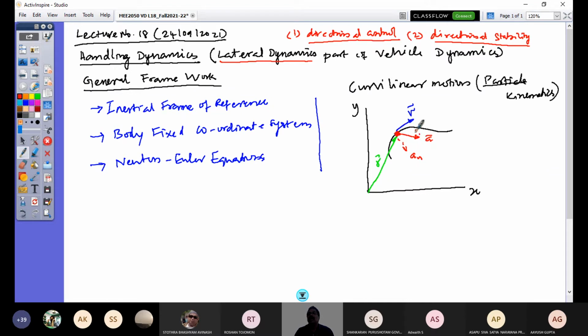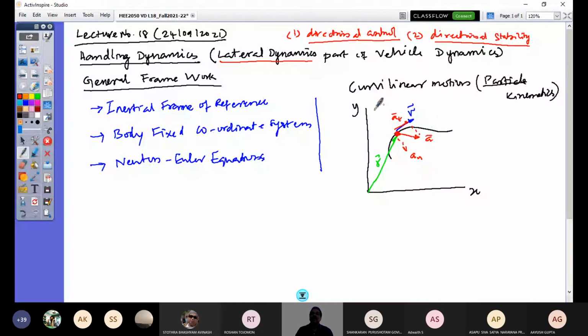And the component you get when you project is a_t, the tangential component along the direction of velocity. If this is positive, the velocity would increase. If it's negative, it would decrease. So this is something that we have learned, and this is not sufficient now, right? With that, I cannot say anything about stability analysis or even directional control. I have to give an input, all in a vehicle dynamics perspective, when I study.